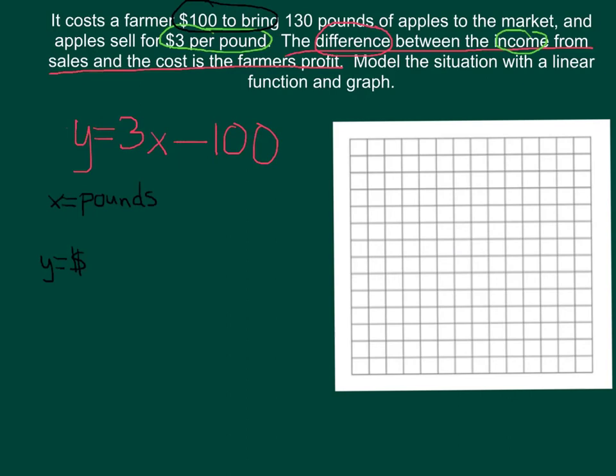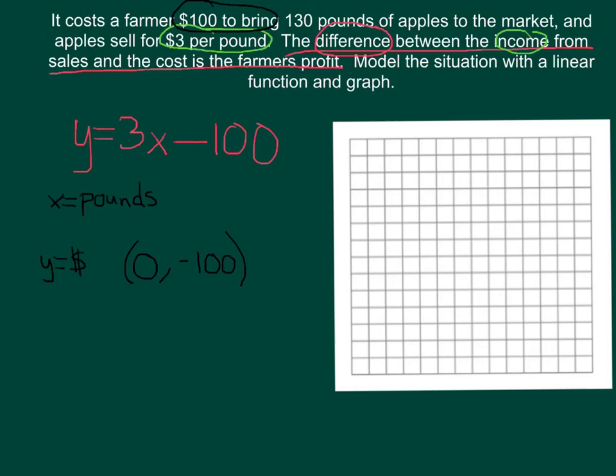So we want to think about what kind of graph we will want to draw. And in this situation, if he goes to the market and does not sell any apples, how much money will he have? He'll have negative $100. So if there are 0 pounds of apples sold, he'll be at negative $100. But you don't want to consider negative apples. So when you make your graph, you want to think about the y value, the money.